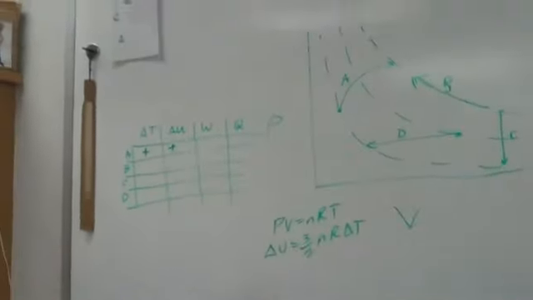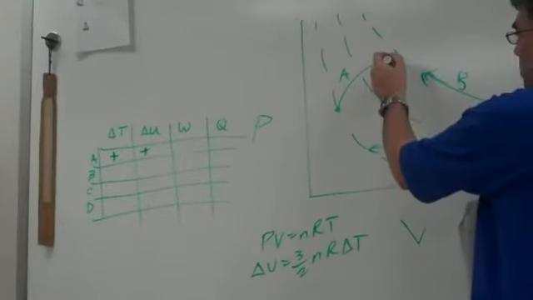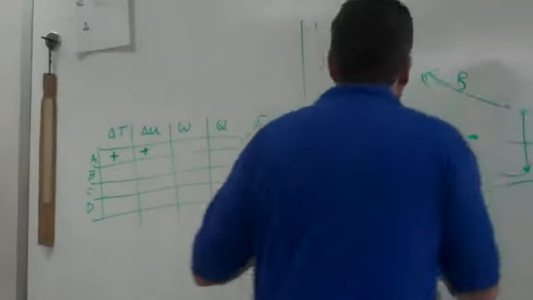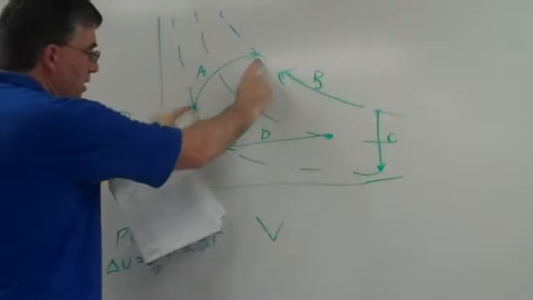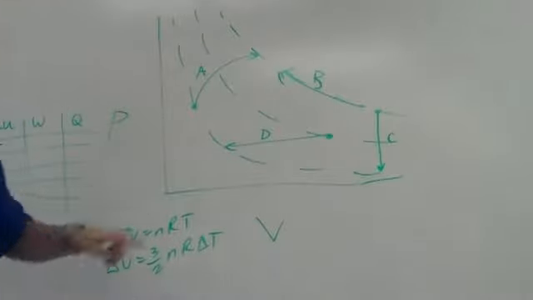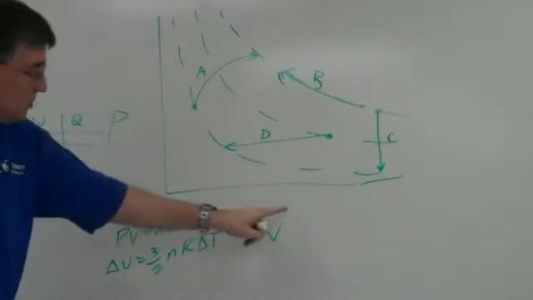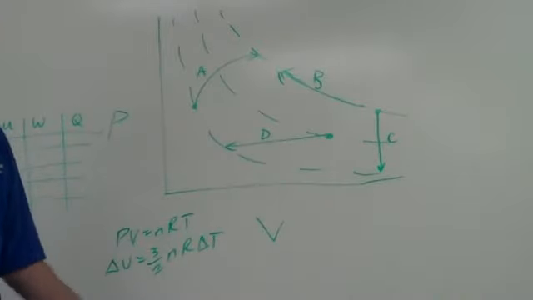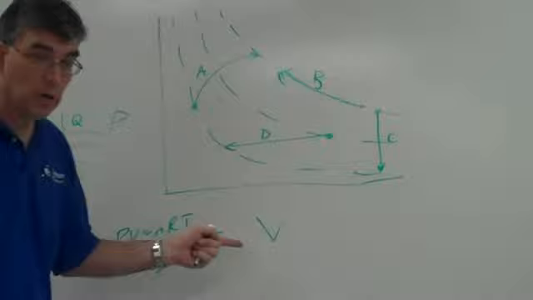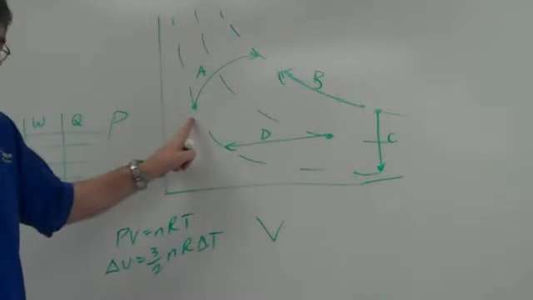Now what about work? Let's just look from here to here. If I were to find the area underneath this graph, is the gas expanding or contracting? The volume is getting bigger, so the gas is expanding. And if the gas is expanding, is it doing work or is work being done on it? It's doing work.